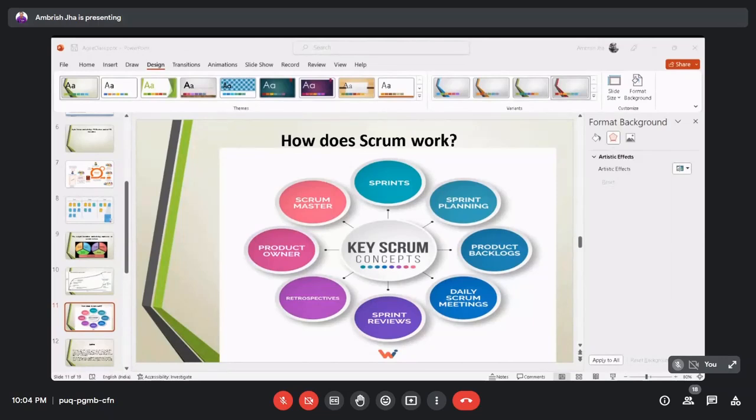So sprint review and sprint retrospection, both are at least a 30 minutes to 1 hour meeting. Then product owner and Scrum Master, these are not forms and all, these are people. This is basically a designation or a role among the teammates.